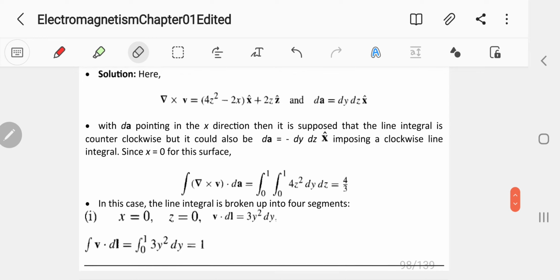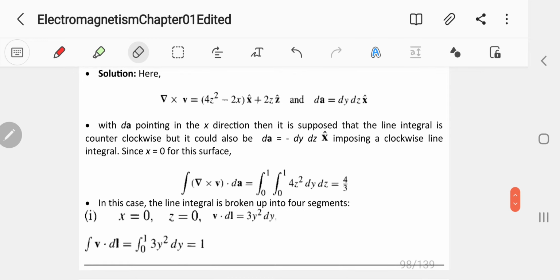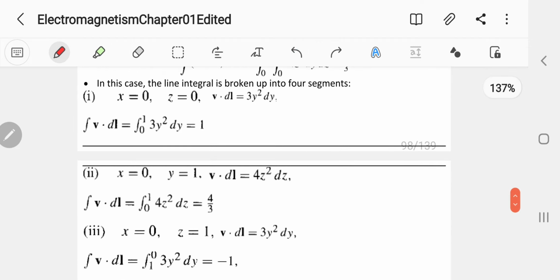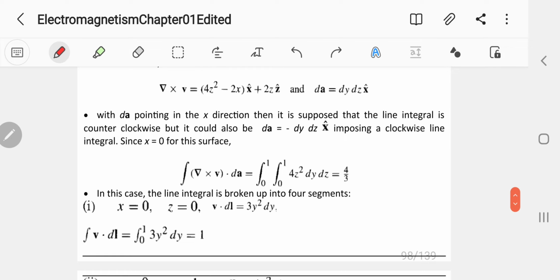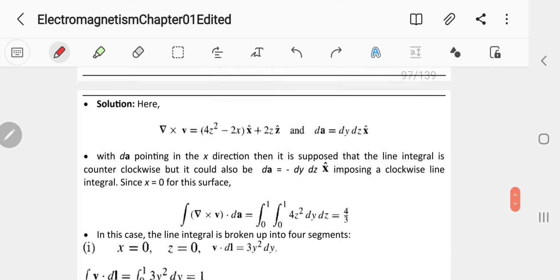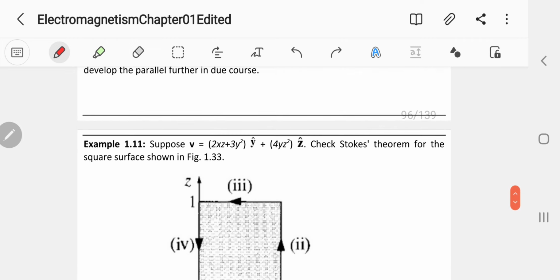So you only have to dot it with this component of v.